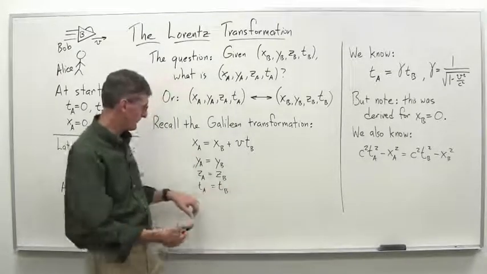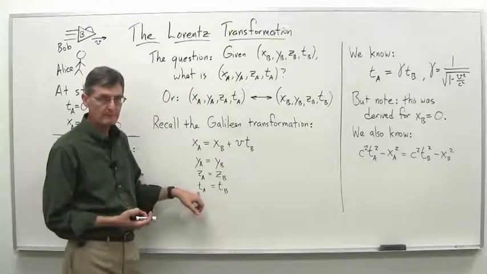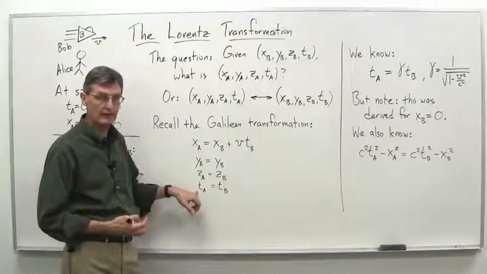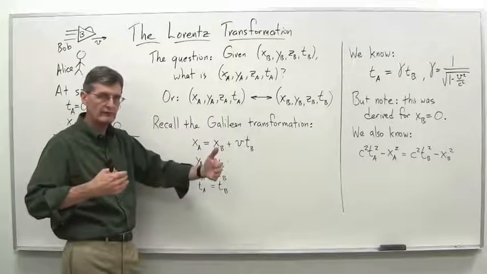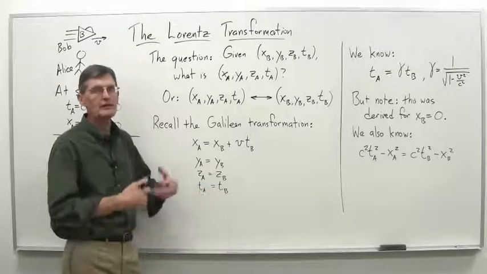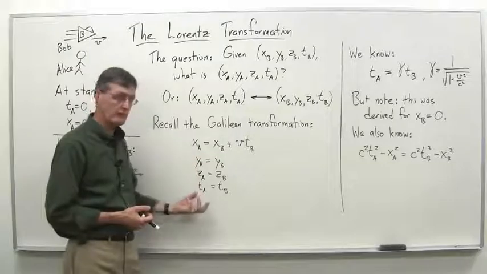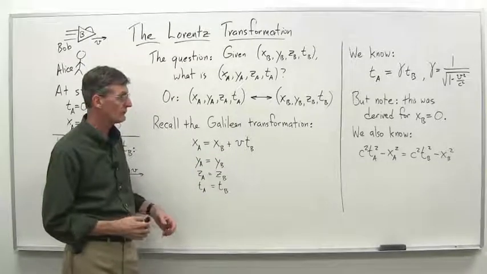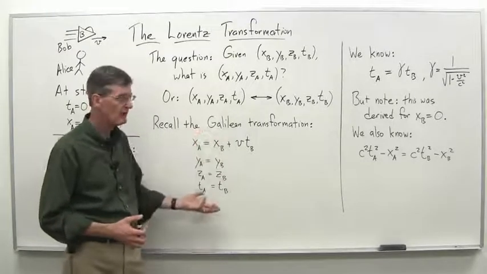So we know that the time relationship here is not true for the special theory of relativity, certainly when you get to higher velocities, but in principle for any velocity between frames of reference, there is an effect such that t_A and t_B are not equal. Again, as we've mentioned, it's usually so small in our ordinary everyday world that we don't notice it, but if you have very precise clocks, it is possible to measure that difference. So we know that the Galilean transformation can't work.